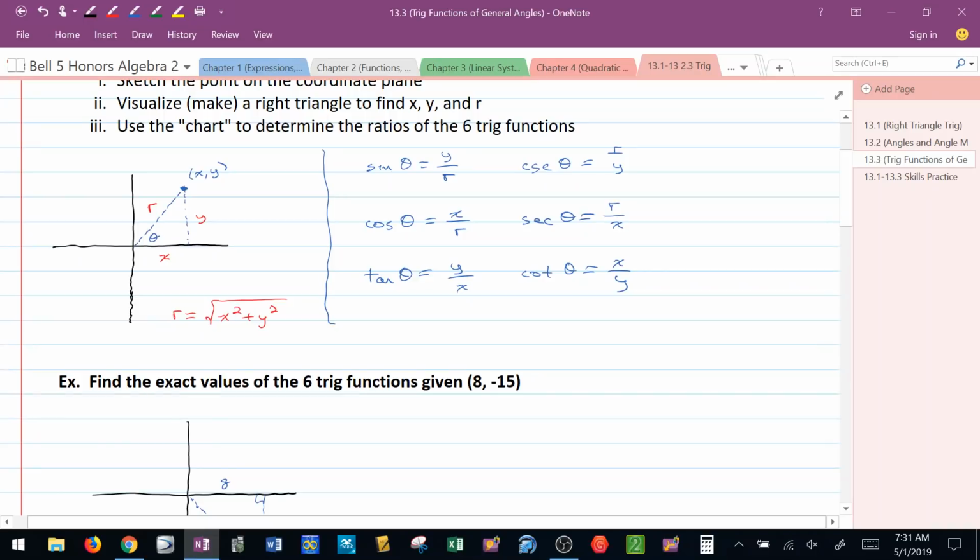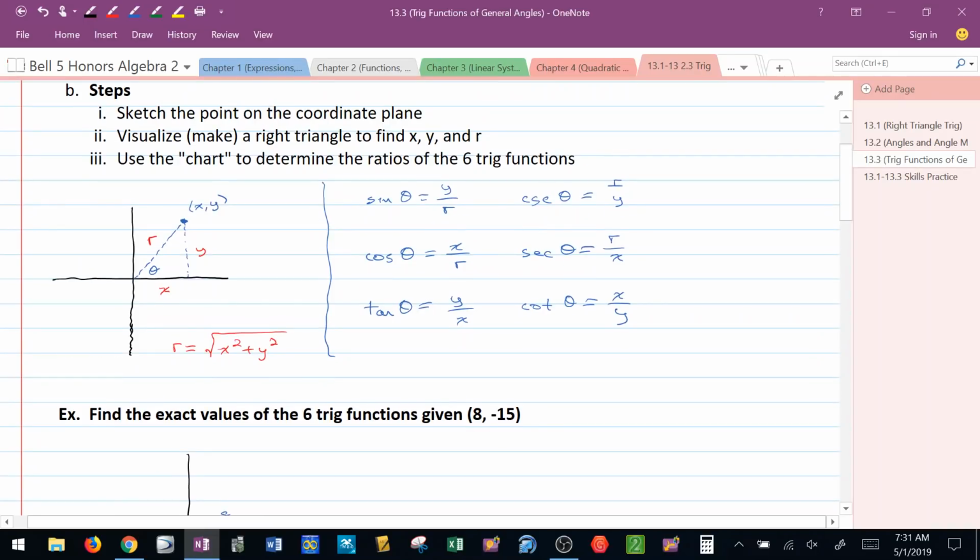Now I'm ready to go over to what I refer to as my chart. If you notice, we have sine is opposite over hypotenuse, cosine is adjacent over hypotenuse, but we change the opposite, the adjacent, and the hypotenuse to now be the letters of that triangle. Here's an easy way that I always remember it.